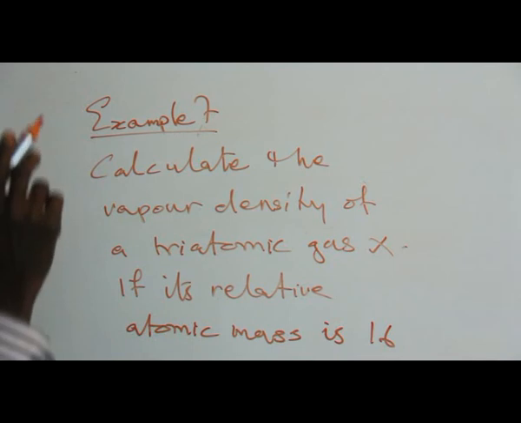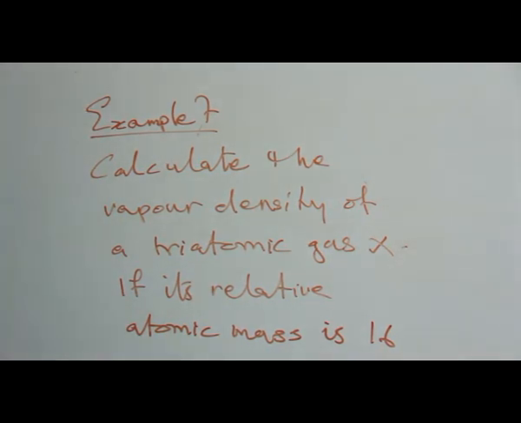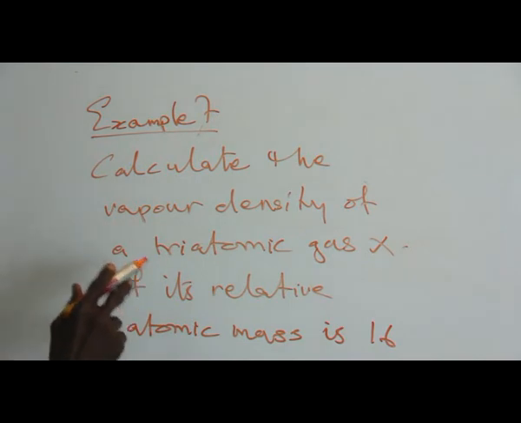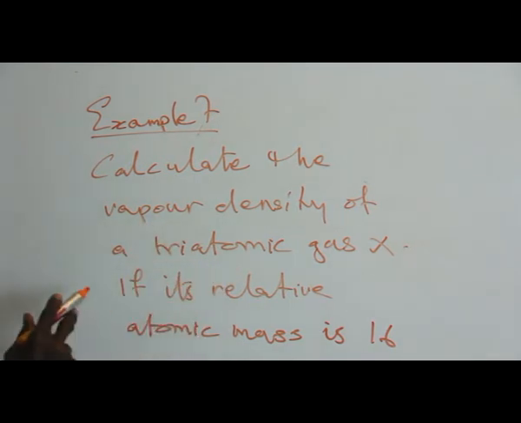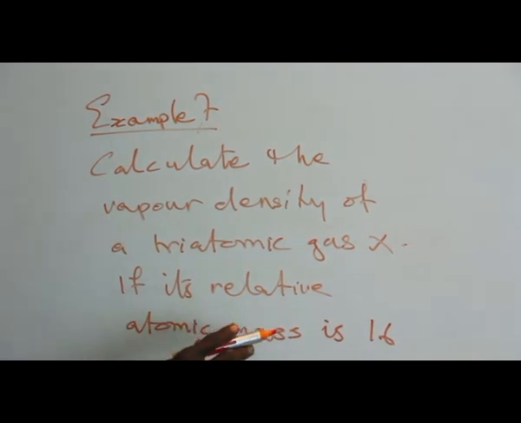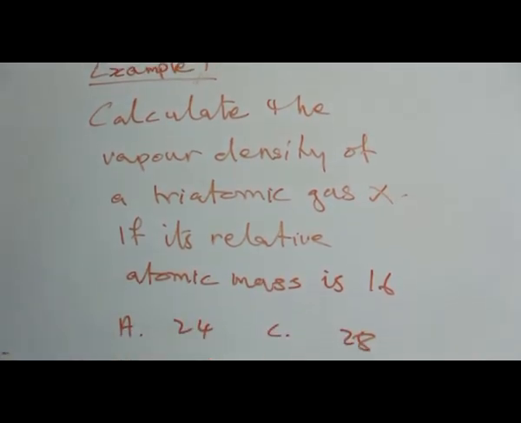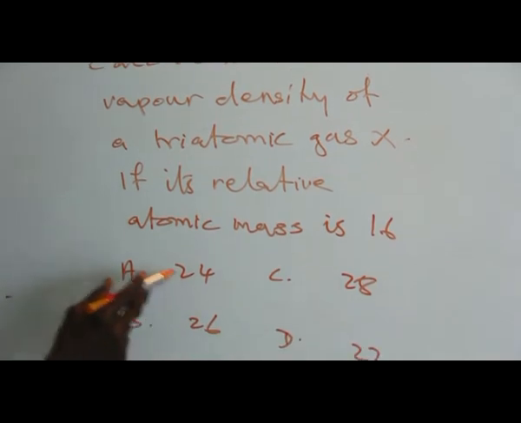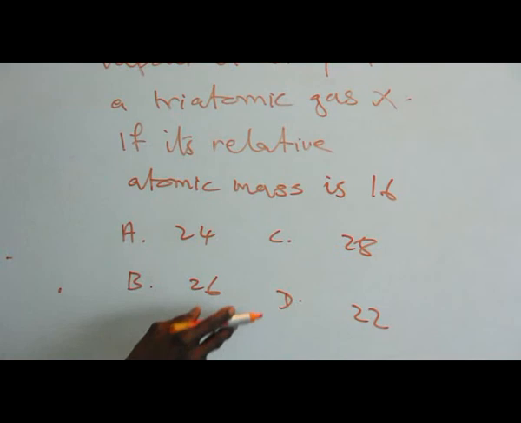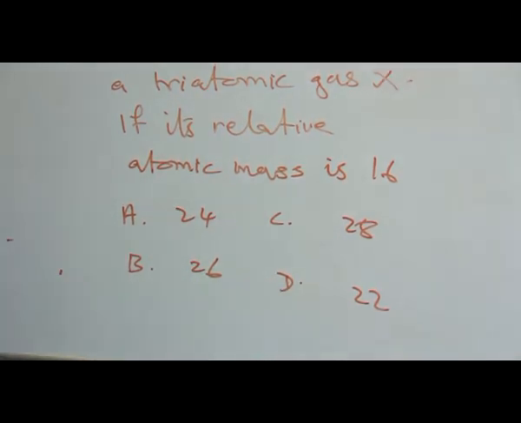The last but not the least example, 7. Calculate the vapor density of a triatomic gas X if its relative atomic mass is 16. The options are A 24, B 26, C 28, and D 22.